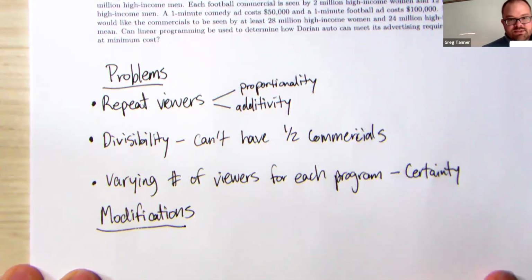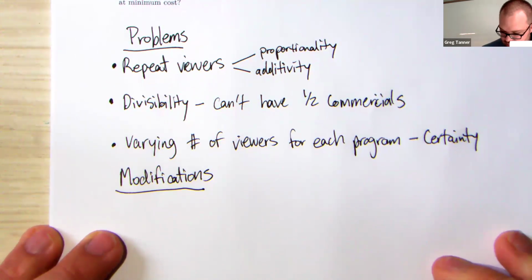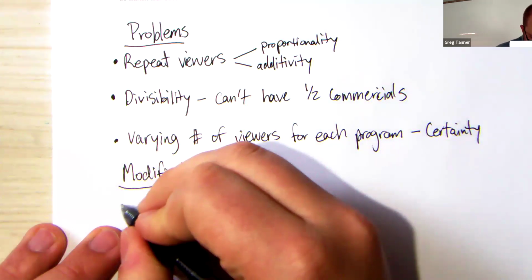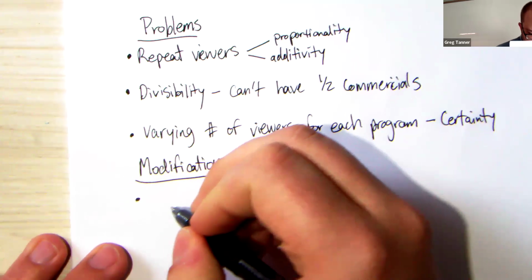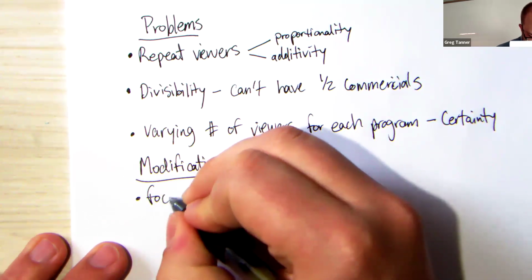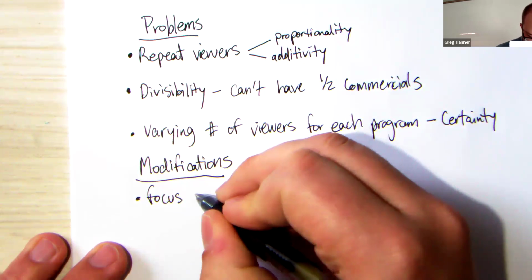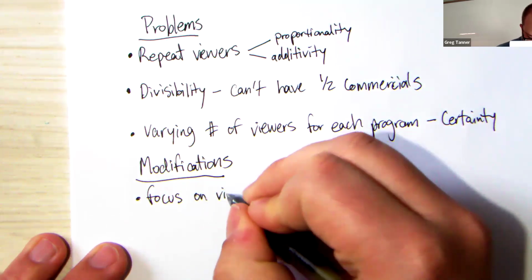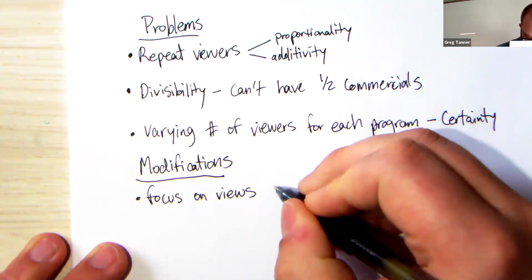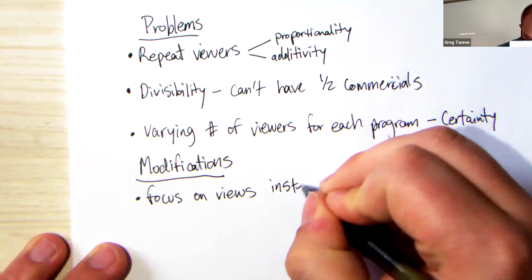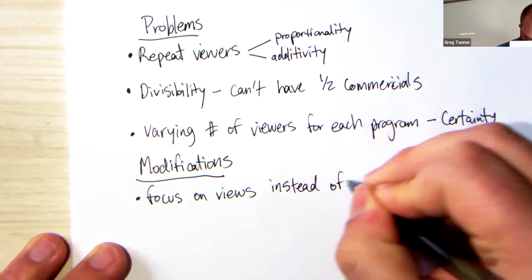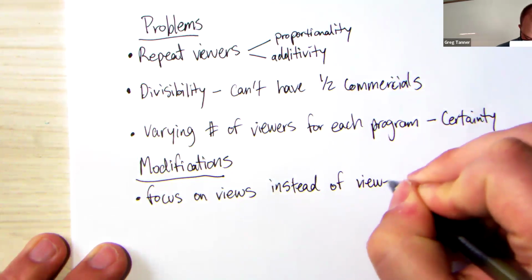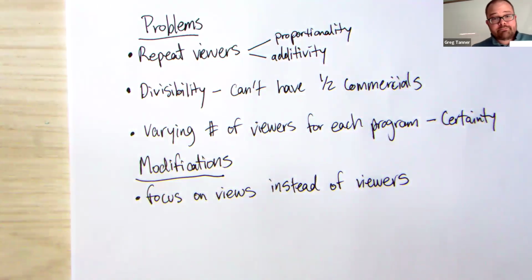Here are maybe some solutions to the problems that we laid out. First solution is to focus not on unique viewers, but on views instead of viewers. This is probably a proxy for what we really want, right?